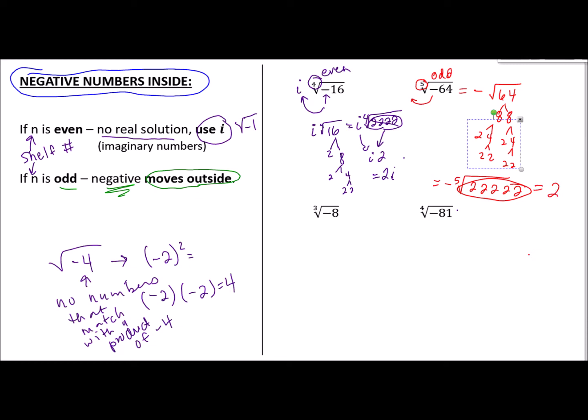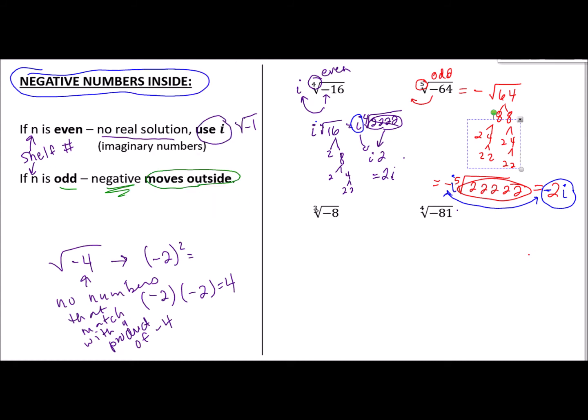And then don't forget this guy over here, this i. So he was here, and now he's here. And this negative sign. So negative 2i.